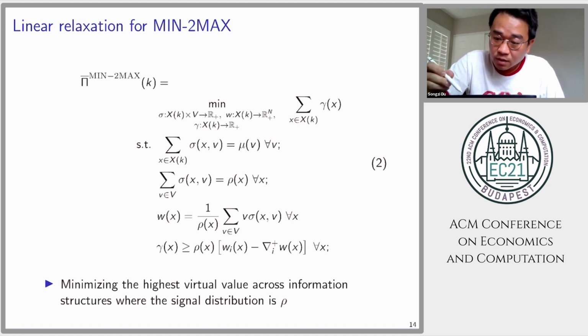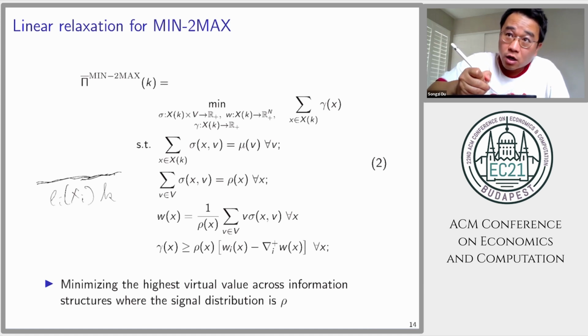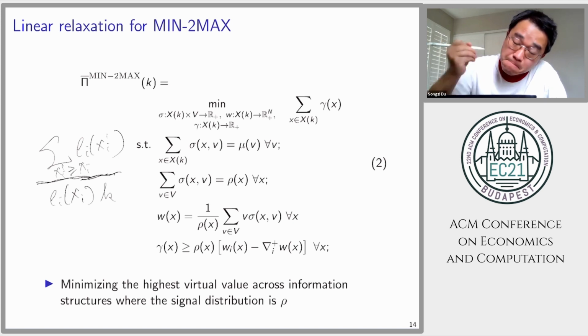One nice thing about the censored geometric distribution is that the inverse hazard rate should be this: the probability density, which is basically k times that, and in the numerator, the probability of having a higher signal than xi, so the sum over xi prime bigger than xi.